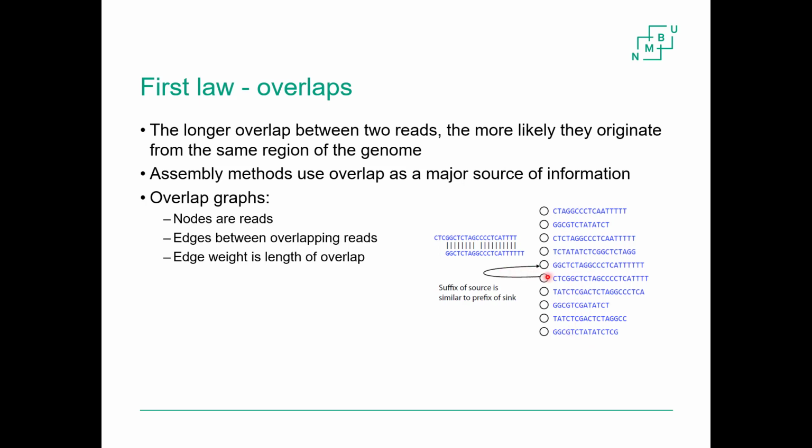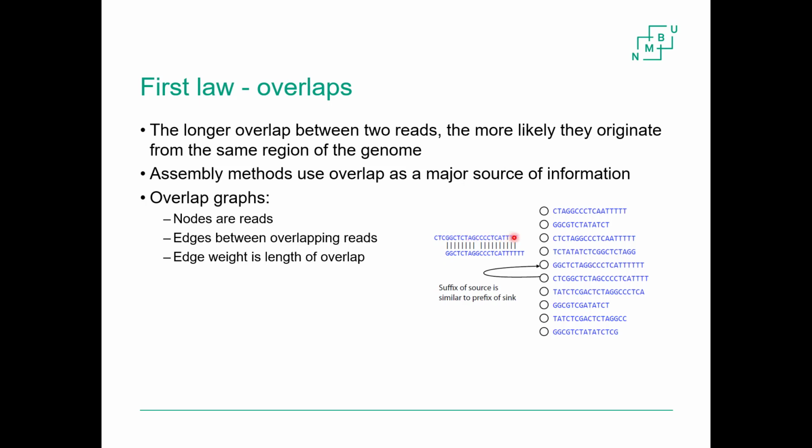And now you can see here we have made an arrow now between the 2 reads here, and this is because this read here, and you can see it drawn up here to the left, this read here overlaps quite a lot with this read here, because if we arrange them like this, in sort of align them like this, you can see that the last part of this read overlaps with the first part of this read.